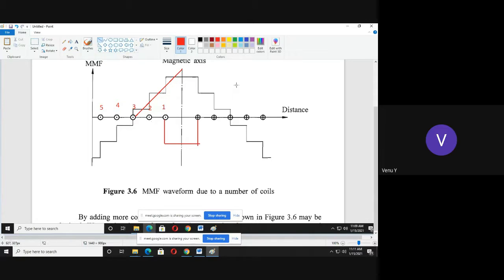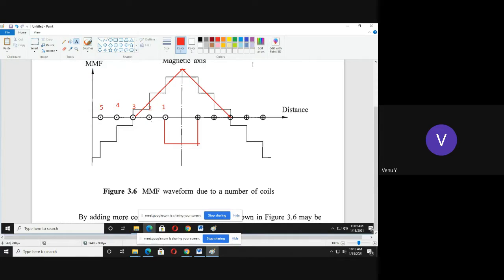We join the center points of all the turns. So this is approximately a sine wave. You can draw the smooth wave here. You will get the nearest sine wave of the MMF of the multi-turn coil.